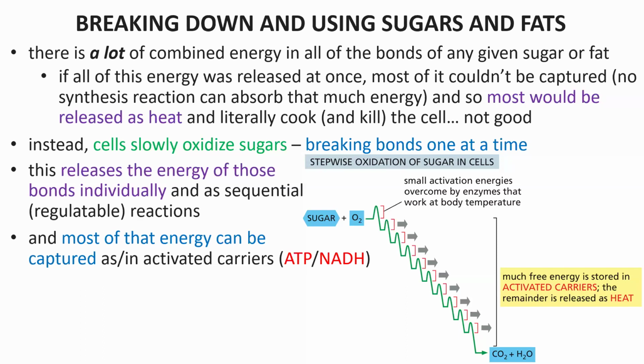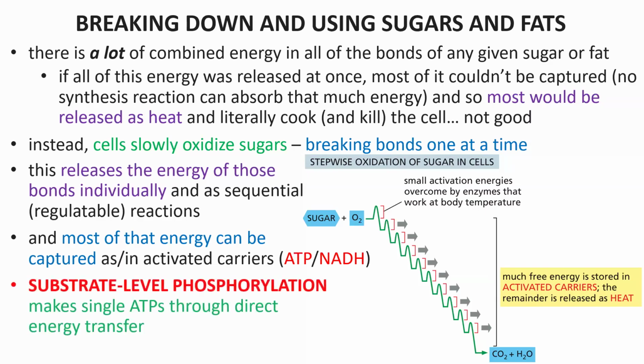Most of the energy that is released by each of these sequential steps is captured either as electrons and put onto NADH, or captured as energized phosphate, and our activated carrier for phosphates is ATP. We know that from the last video. And when we do make ATP in this way, we're doing a process called substrate level phosphorylation. Substrate level phosphorylation occurs when a single reaction releases a good amount of free energy.